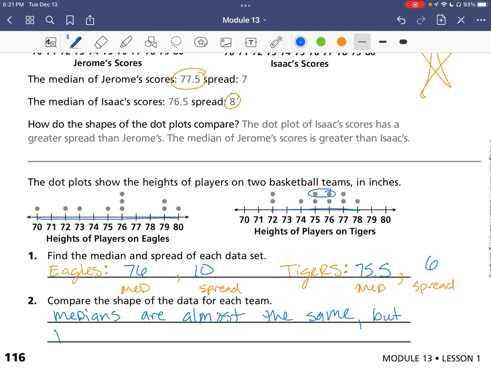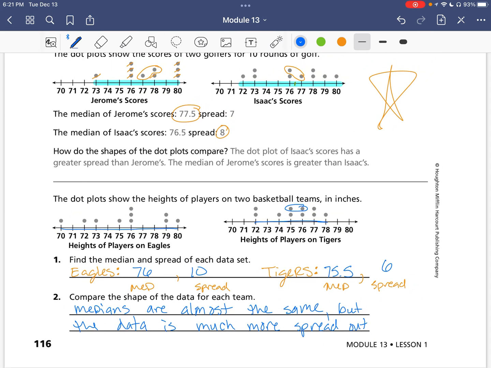But the data is much more spread out for the Eagles. Okay, so we have a spread of 10 on this side and just a spread of 6 for our Tigers.